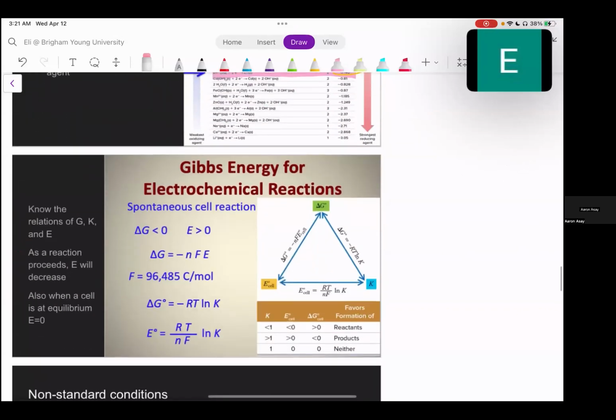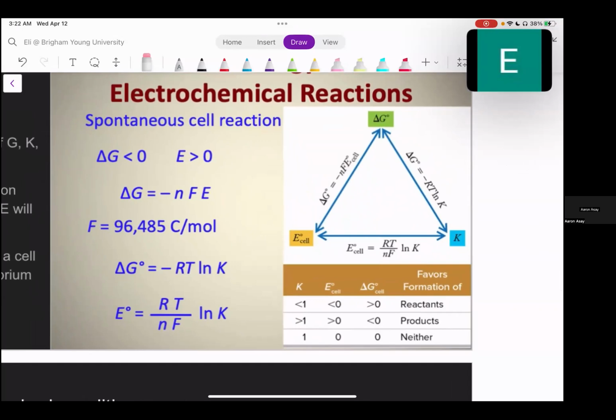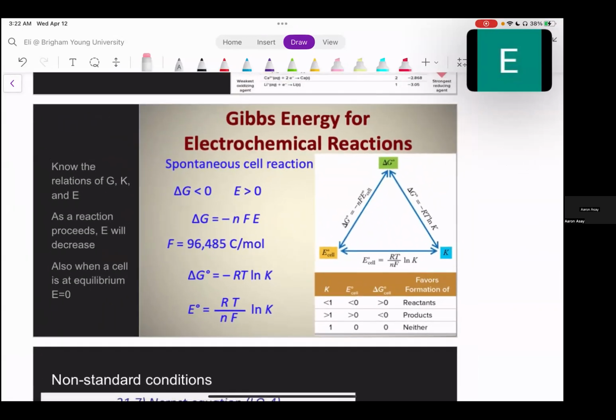I also want to say it's really important that you know how delta G and K relate to E of a cell. Know that as a reaction proceeds, the energy will decrease, and at equilibrium, it'll equal 0.